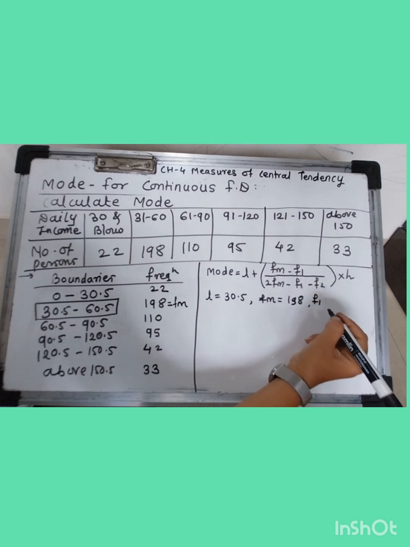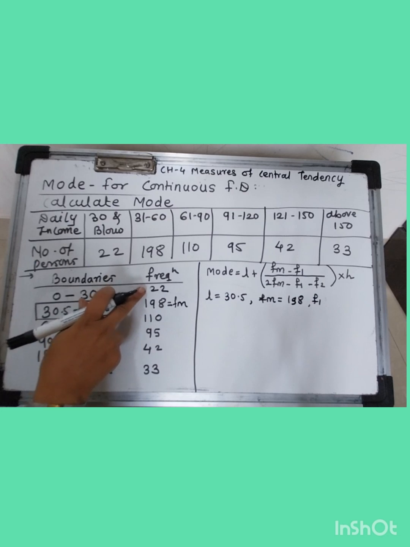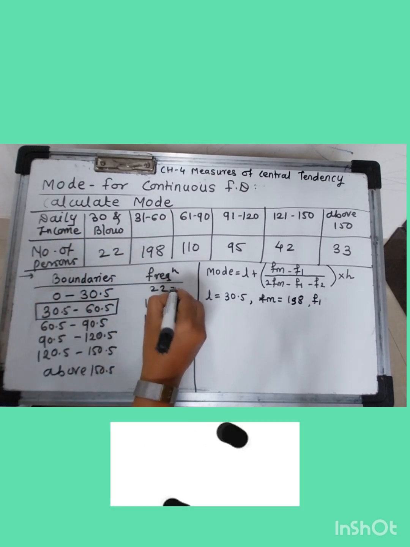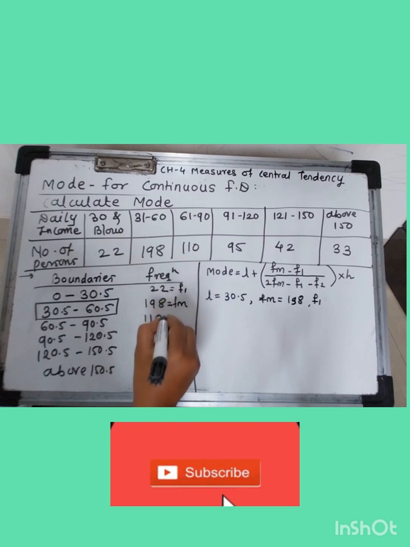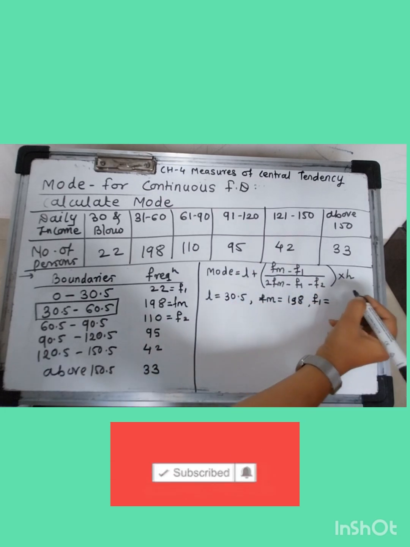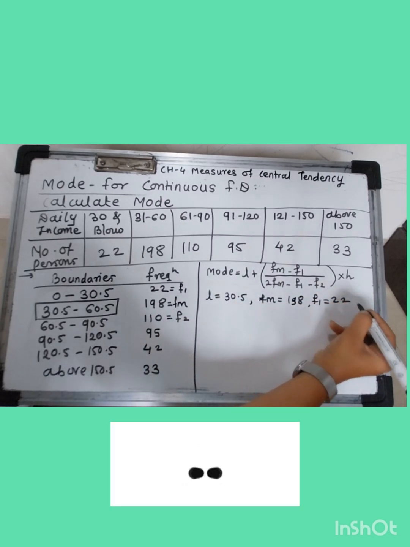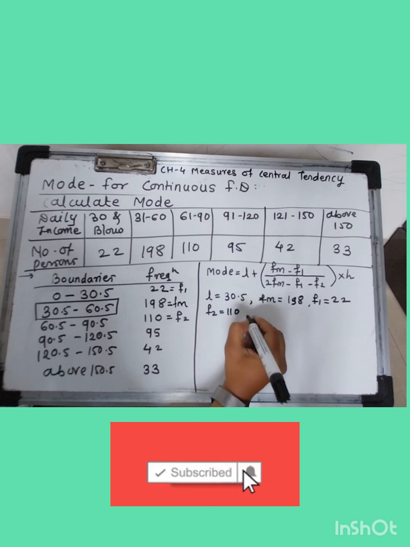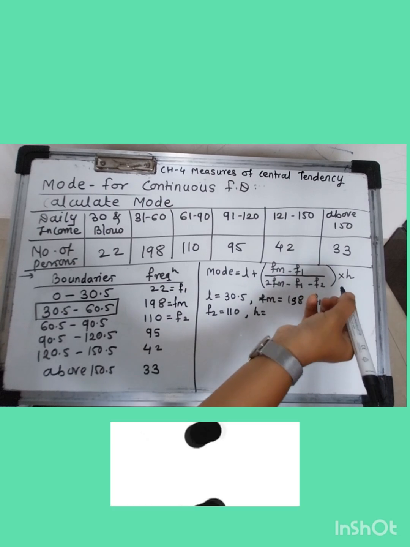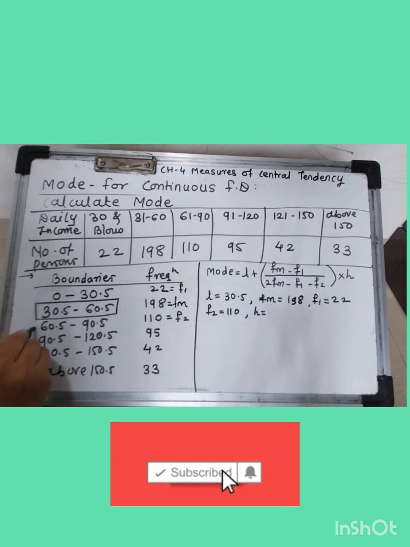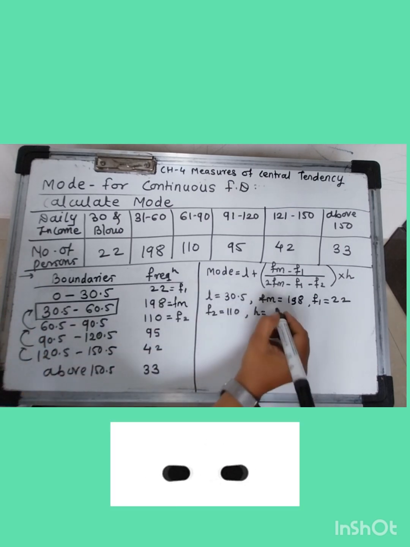Then f1. f1 is the frequency of the pre-modal class. Pre means the one before, post means the one after. So f1 is 22 and f2 is 110. And h is the class width, the difference between two successive lower limits. The difference here is 30.